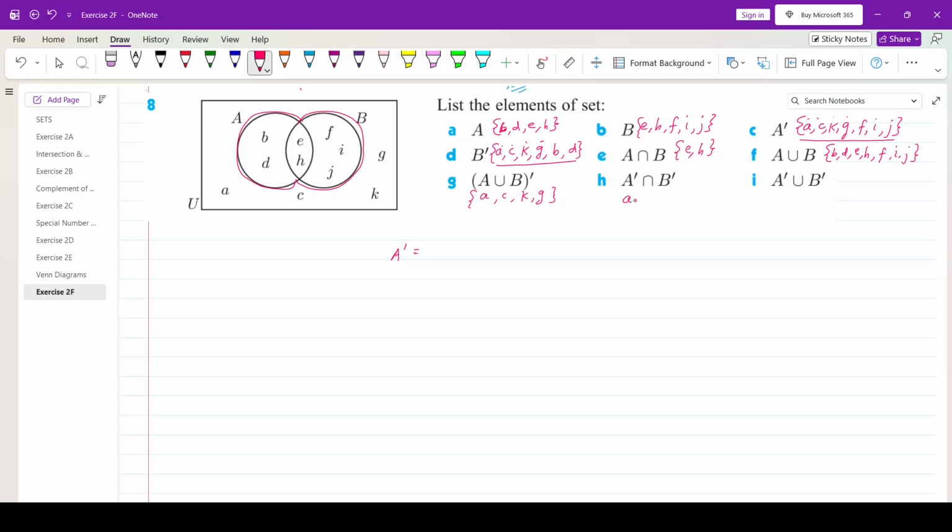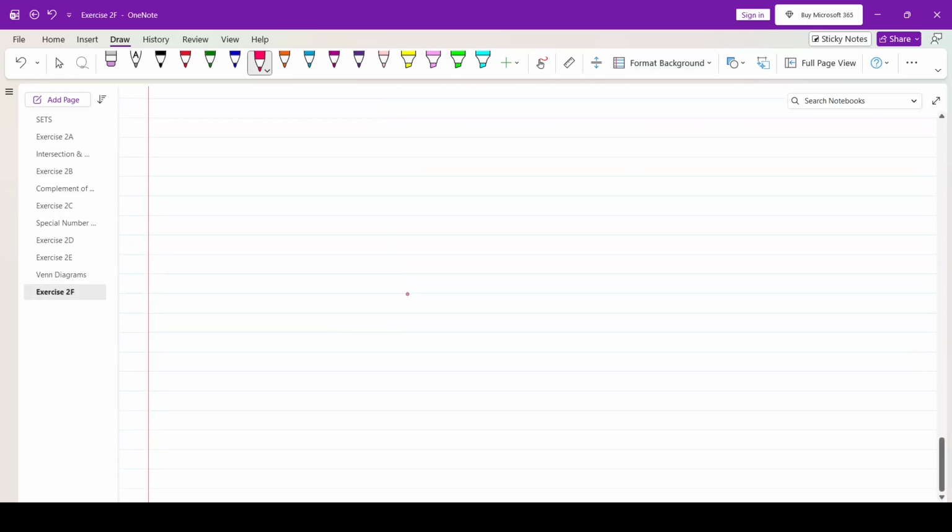Therefore, it is going to be A, C, K, and G. A complement union B complement, that is going to be all the elements from this set and this set written only once, that is A, C, K, G, F, I, J, B, and D. Let's move on to the next question.